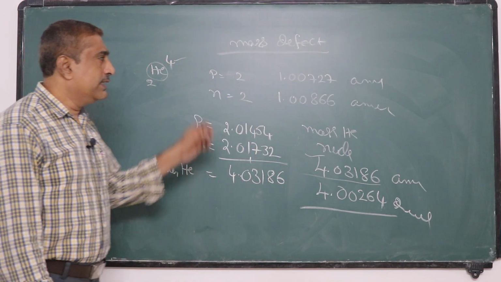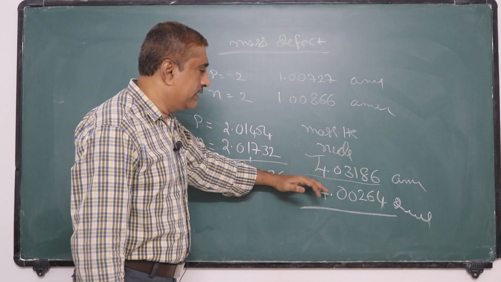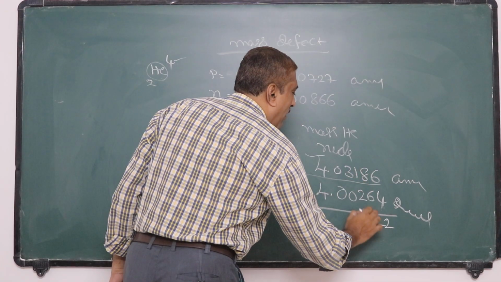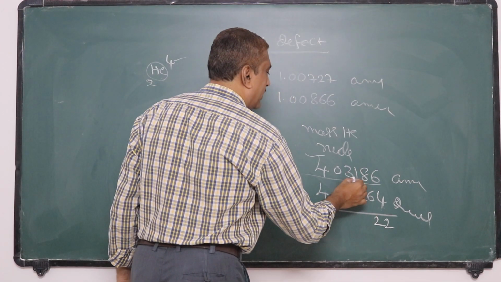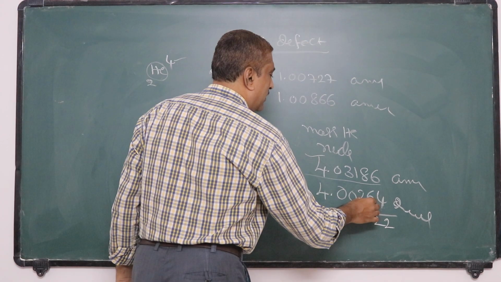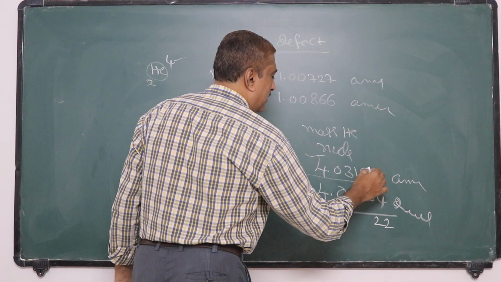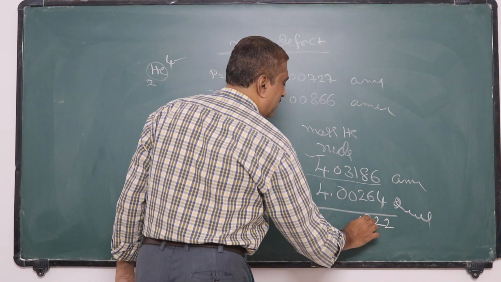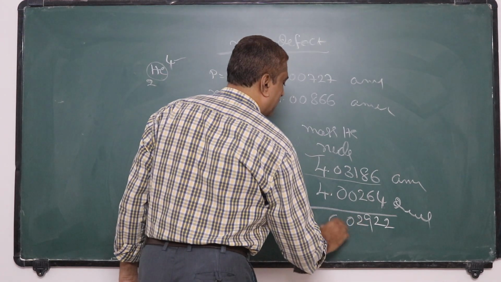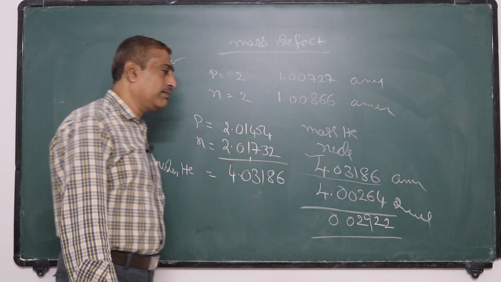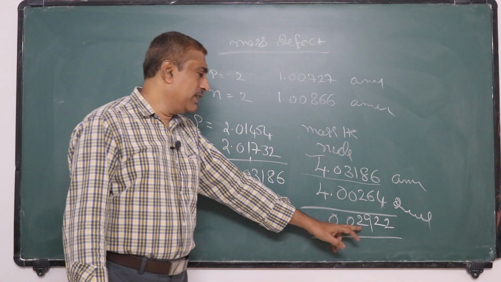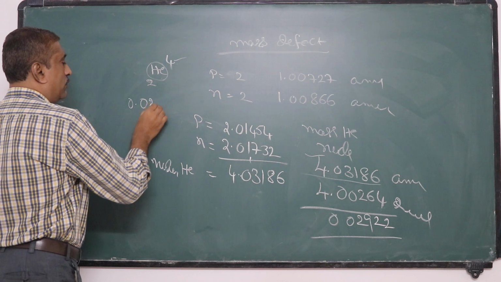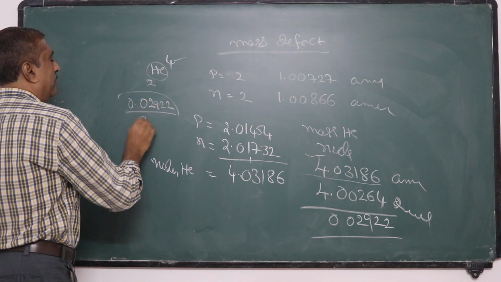Here in this case the mass difference is approximately 0.02922 AMU.